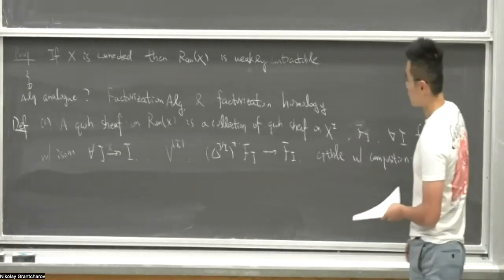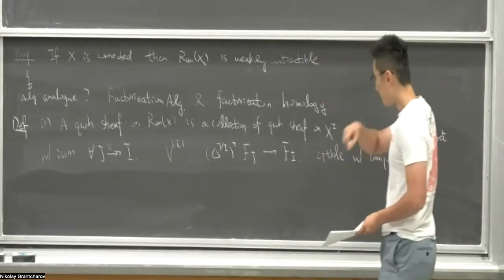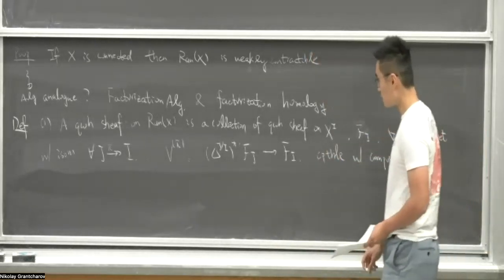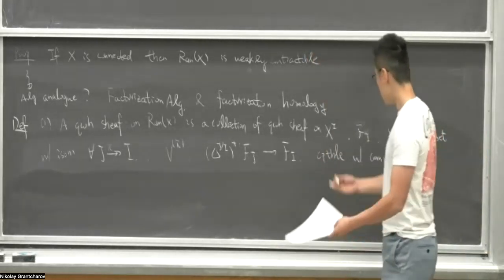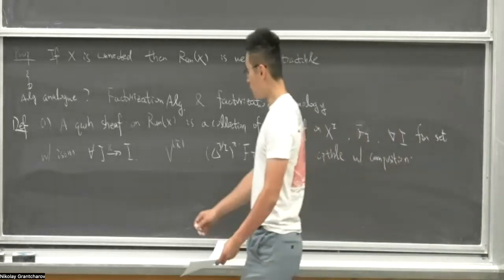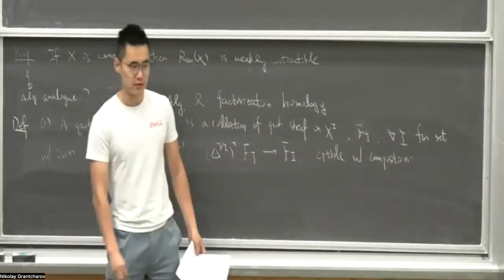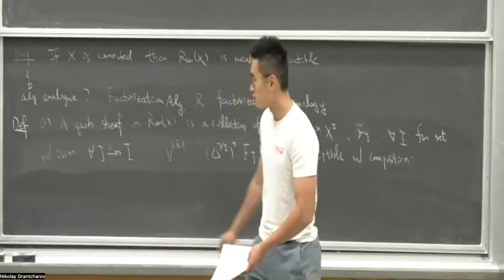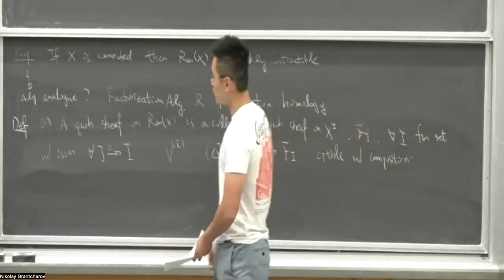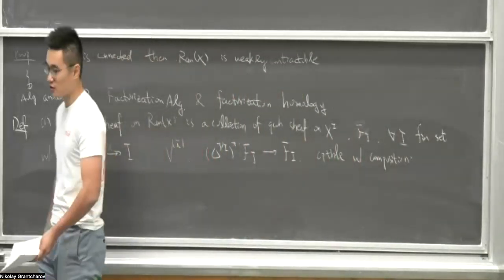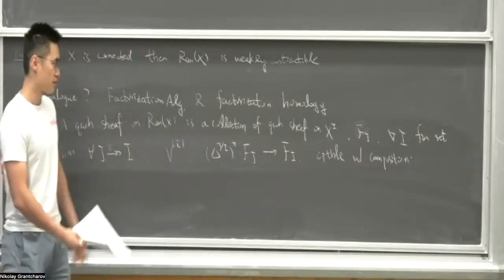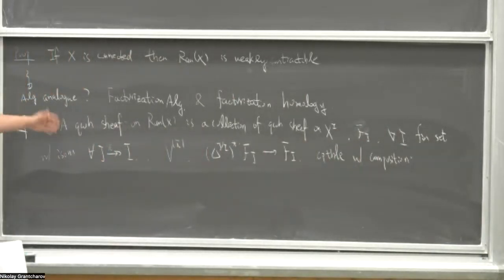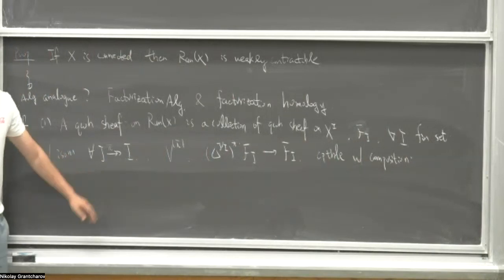Okay, so two things. One is that maybe you ask yourself, why do I use a quasi-coherent sheaf instead of a D-module? And the answer is that when we put on this more condition about factorization algebra, once you have this factorization property, you would automatically have a D-module structure on each of these.